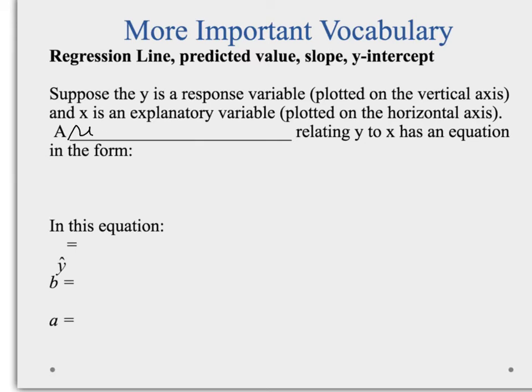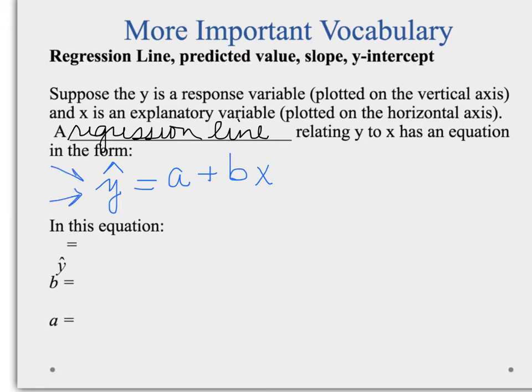A regression line relating y to x has an equation in the form of y hat equals a plus bx. Now, this y hat thing is super important. Y hat means prediction. Just remember that.